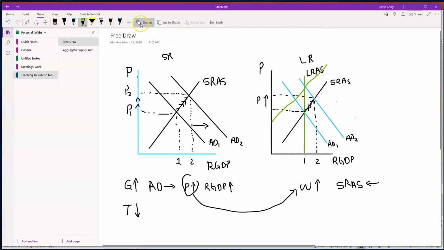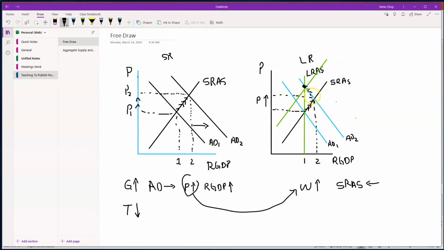Well, that one didn't look as good, did it? So as we shift our short run aggregate supply to the left, we move along this line, and we end up in this sort of new long run equilibrium.